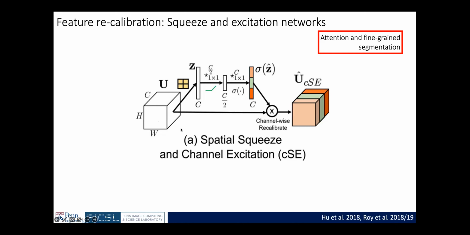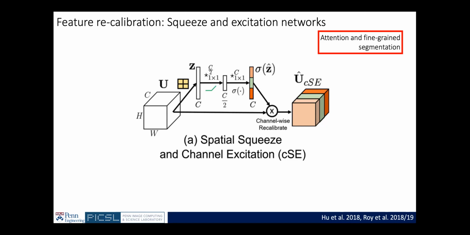What we try to do over here is recalibrate the features by expanding them in one dimension and contracting them in other dimensions. So just follow the cursor. I have height, width, and number of channels. I'm squishing all the knowledge along the HW plane into one channel.